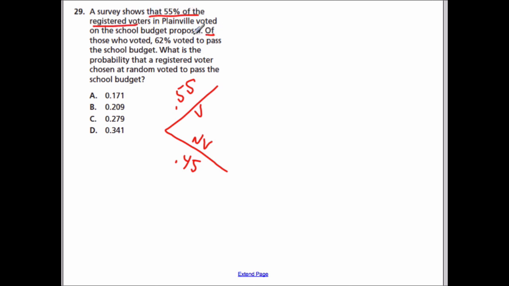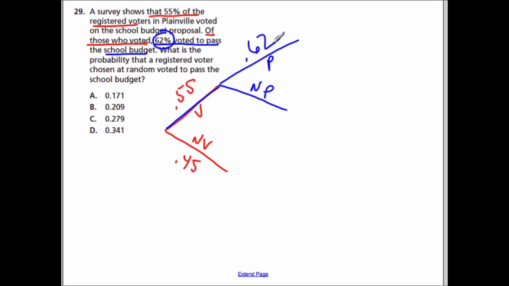That takes care of this first part. Then it says, of those who voted, so now we're looking at this branch. Of those that voted, 62% voted to pass the school budget. So let's draw another tree diagram: voted to pass versus no pass, and 62% voted to pass. That means 38% voted to not pass.